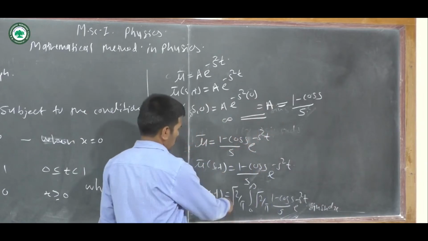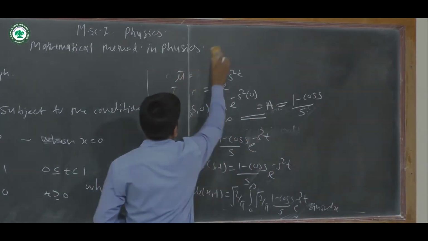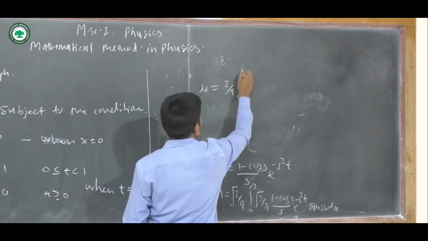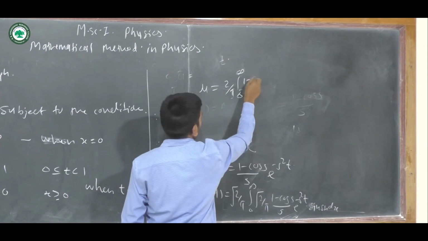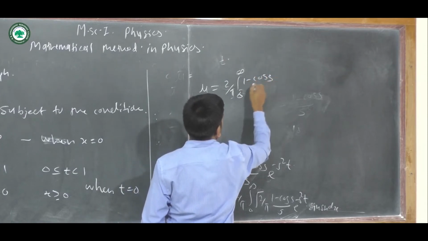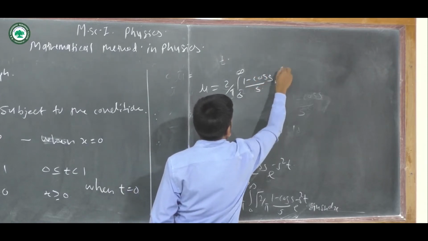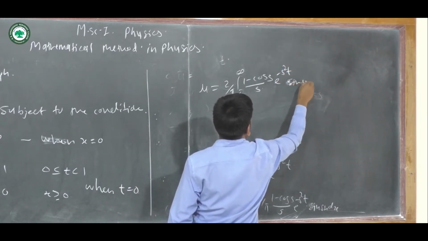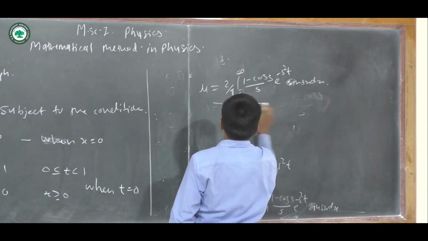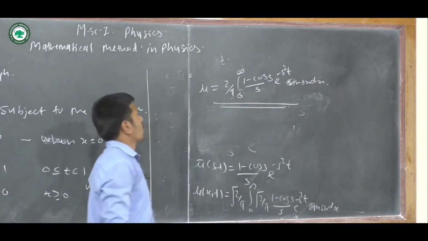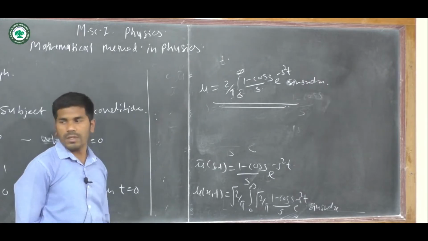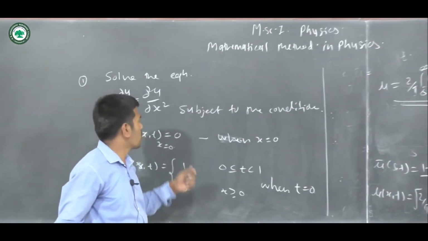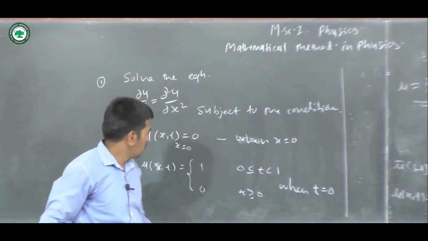So from this we can write u is equal to 2 over pi integration from 0 to infinity of 1 minus cos s divided by s times e raised to minus a square t times sine sx dx. Okay, so this is the answer for this differential equation, the solution of the differential equation by using these boundary value conditions.